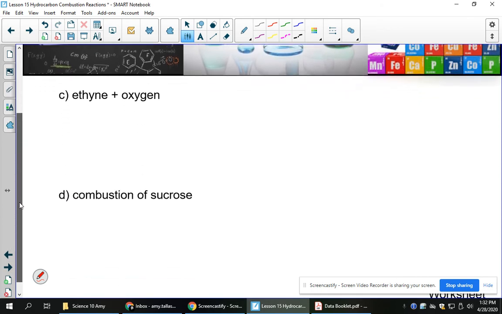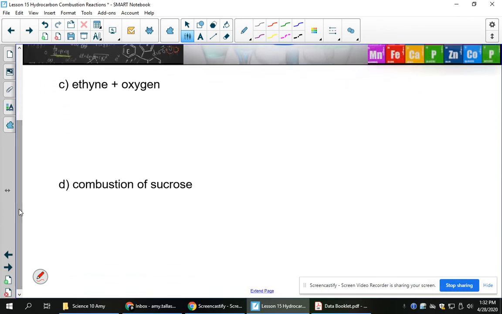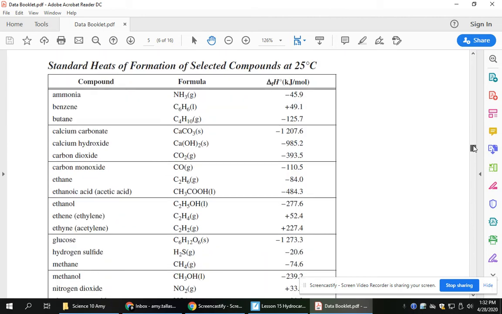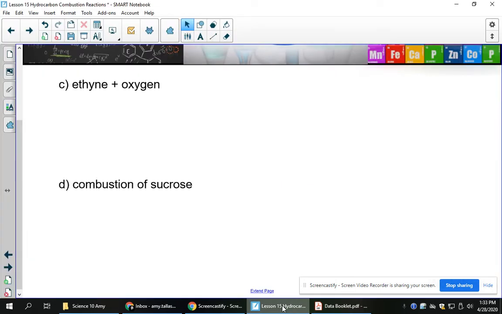Next example, ethyne and oxygen. This one should be on page 5 of your data booklet if you look it up. And there it is, about the 4th box down at the bottom, C2H2.